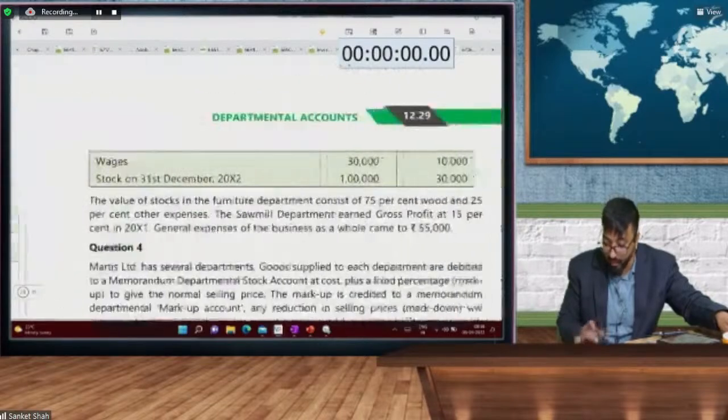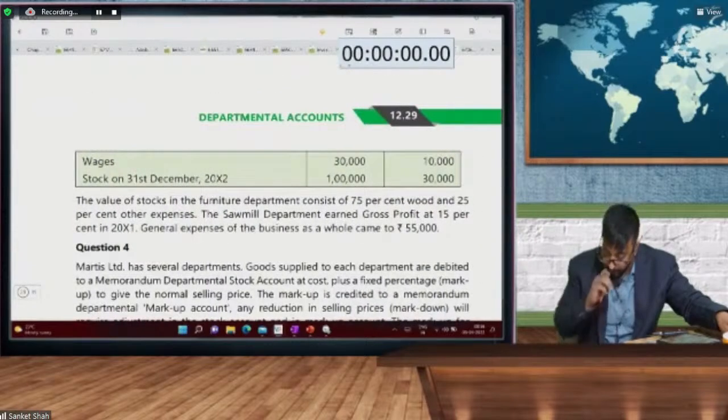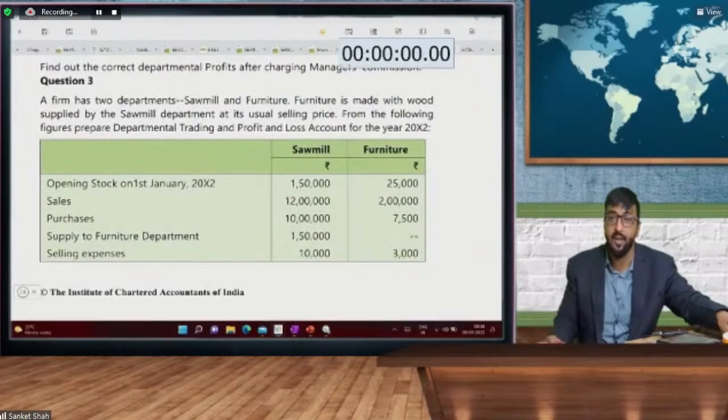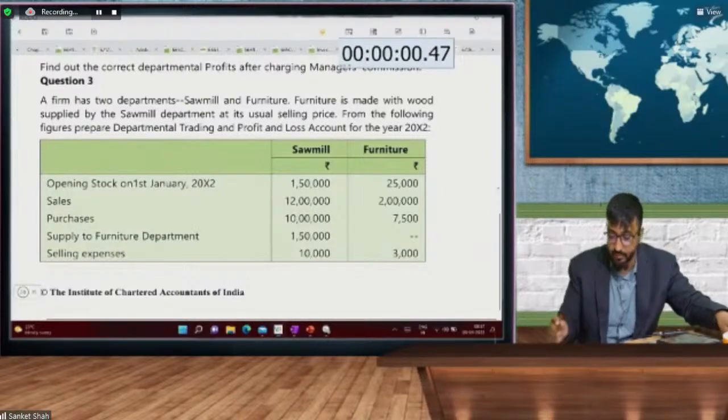The markup account we are going to cover in the next session, and then I'm going to teach you the calculator shortcut. Chalo. So illustration 3, you have exam speed timing, exactly 8 minutes.